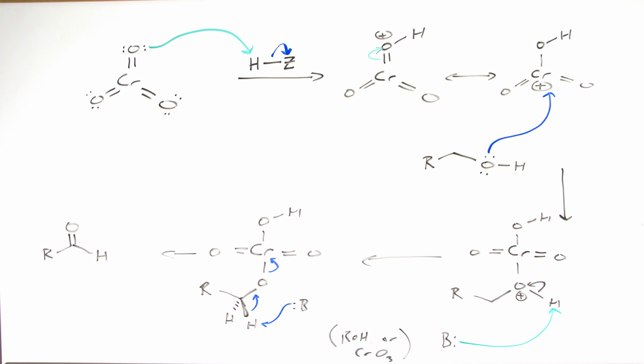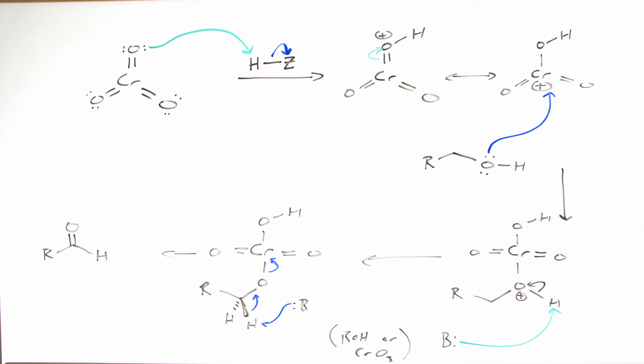And we're left with a chromium species at a different oxidation state. So it is not recyclable. Okay. So why does one stop at the aldehyde and the other continue, even though the oxidant is the same?